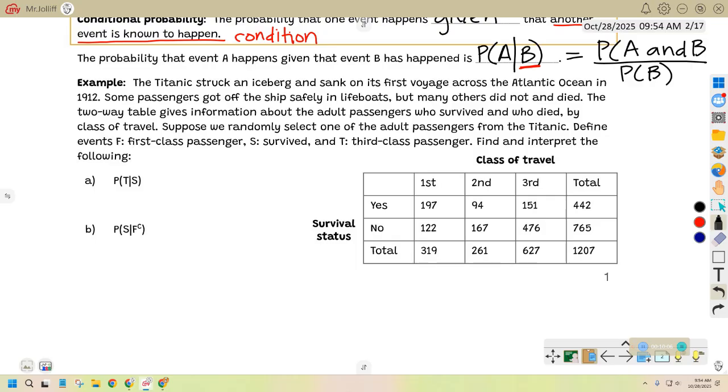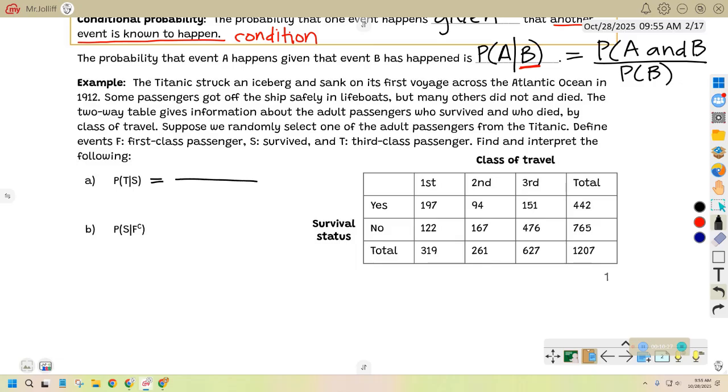We also know we can do it with frequencies, which is what we did in the last one: the frequency of both divided by the frequency of B. So for the probability that they were third class, given that we know they survived.